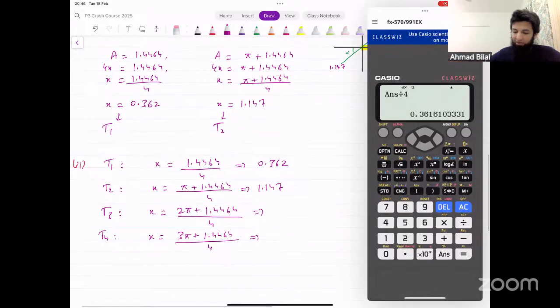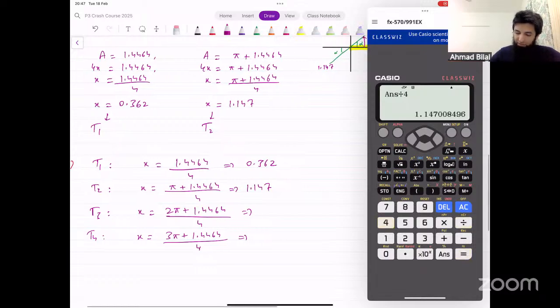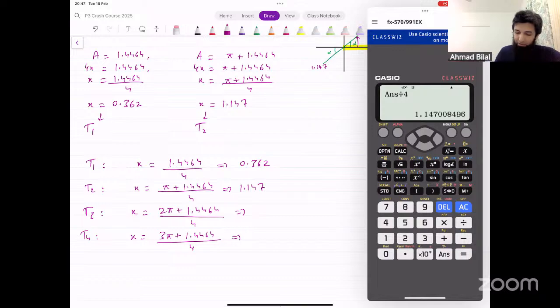Let me just evaluate a couple of these for you. This was the first one that we were getting. Add pi to it, and then divide by 4. This is the first one, and then you see what's adding after that? Just pi over 4 to the previous value.